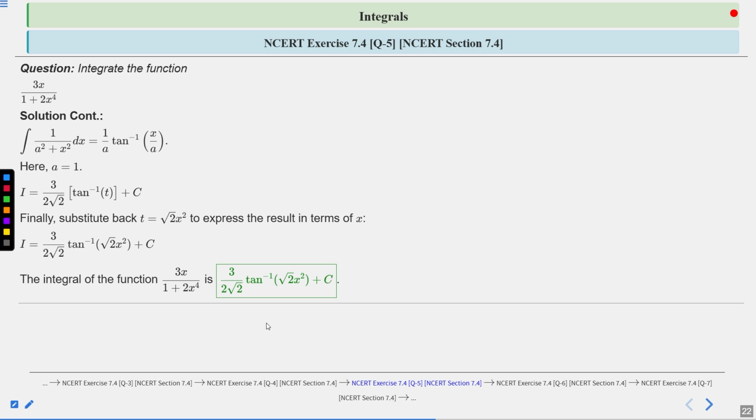This is the right answer to the given question. Hope it's clear to all.